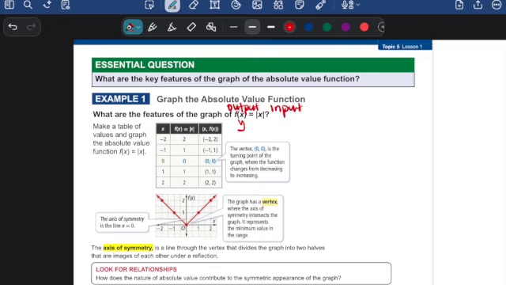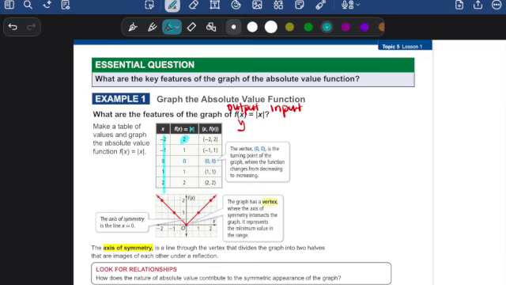So if we make a table for this function, it's good to use numbers a little bit to the left of 0 and then a little bit to the right of 0 for our input, because we're talking about absolute value. And when we plug in our input into the function rule, all we do is take the absolute value, which is just make it positive, because distance is always positive.